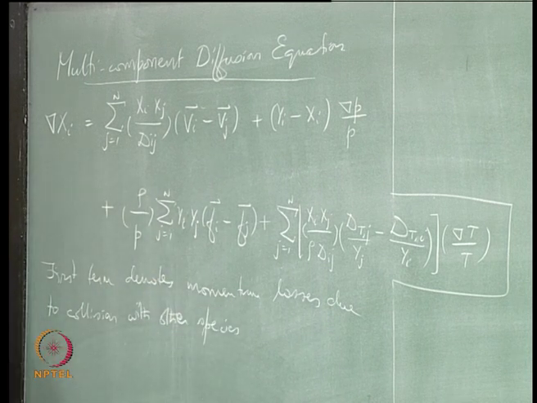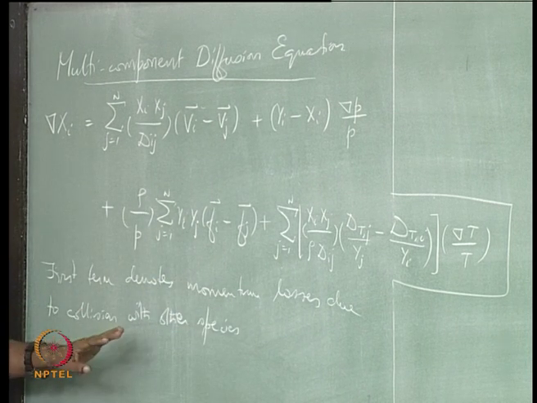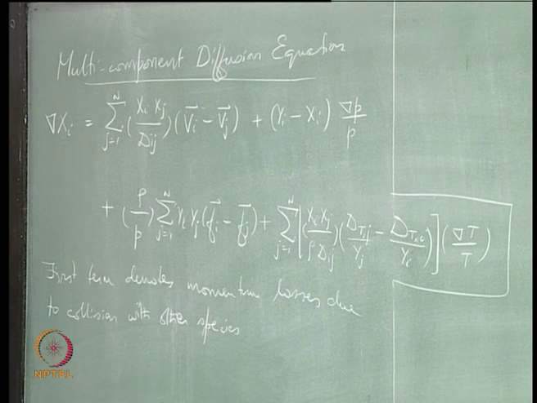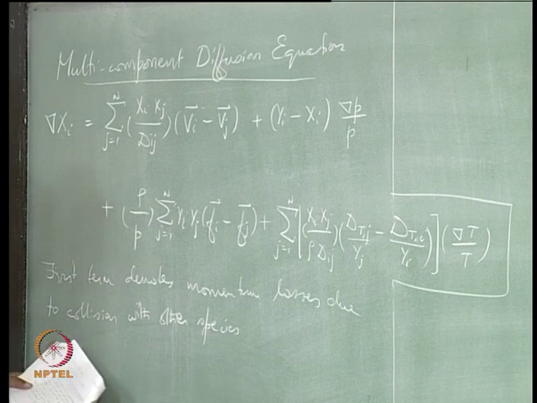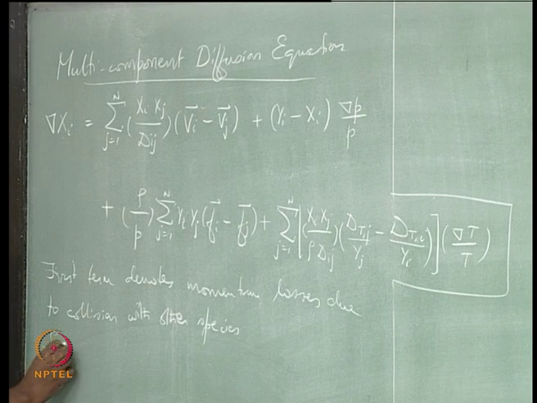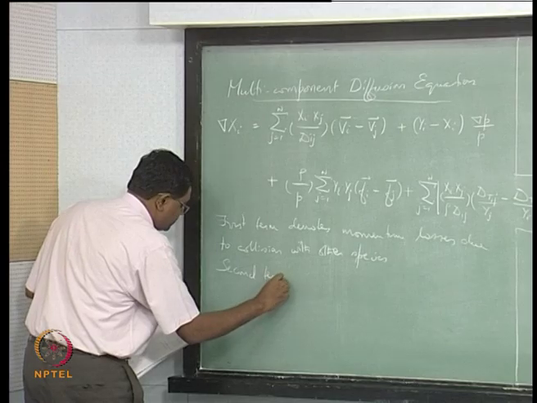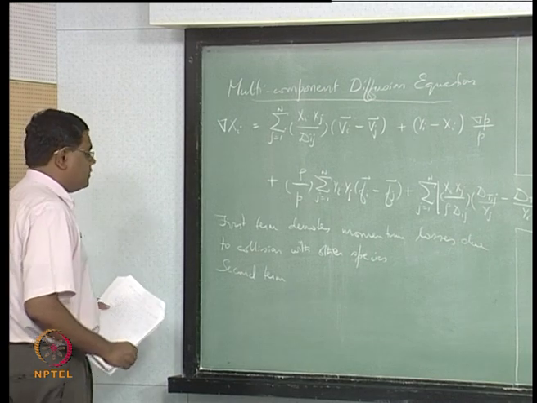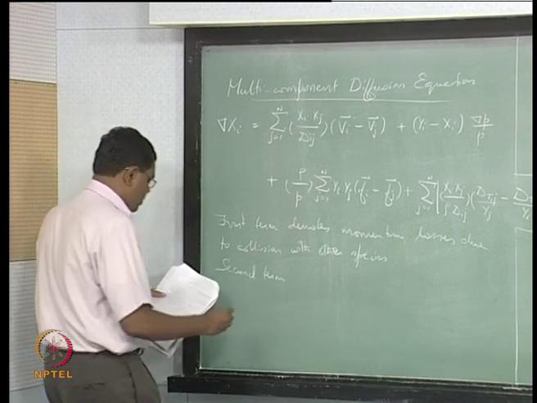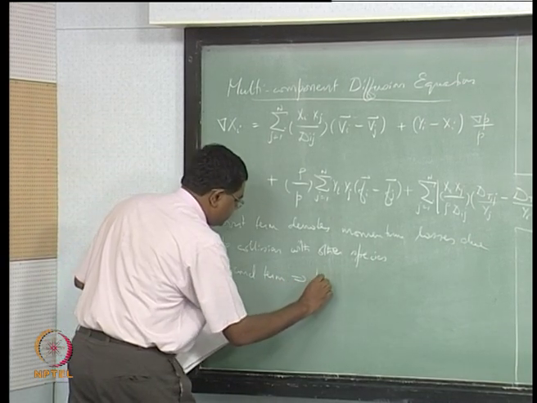This is the mechanism that is actually in play in Fick's law as well. And the second term, so we now start looking at what these different terms are. These are pressure related momentum changes.